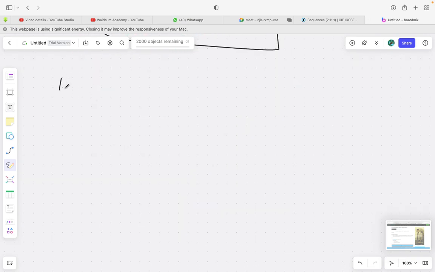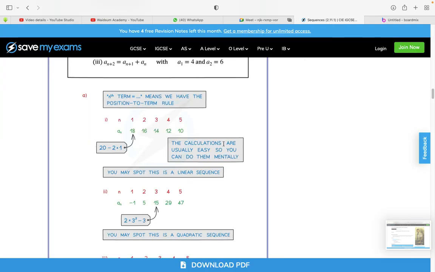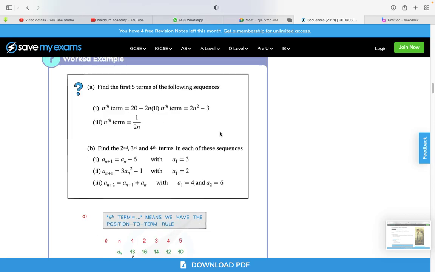Roman figure 2, question A: the nth term is equal to 2n squared minus 3. Am I right? Was it the formula they gave? 2n squared minus 3, yeah.